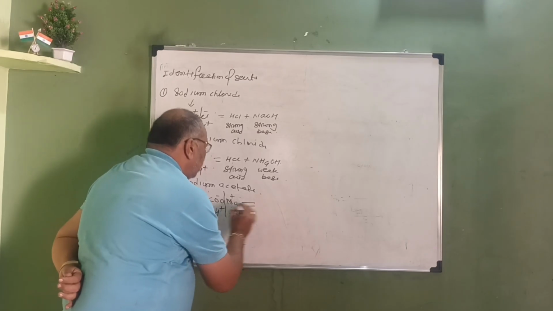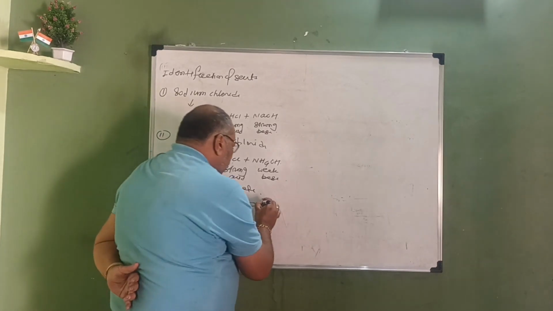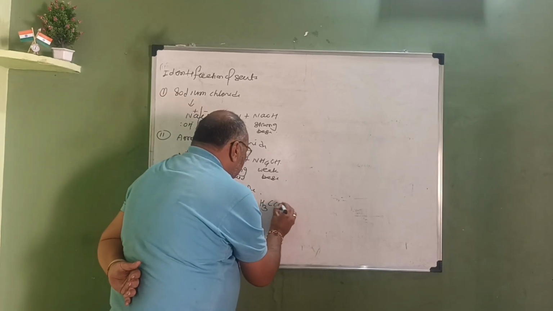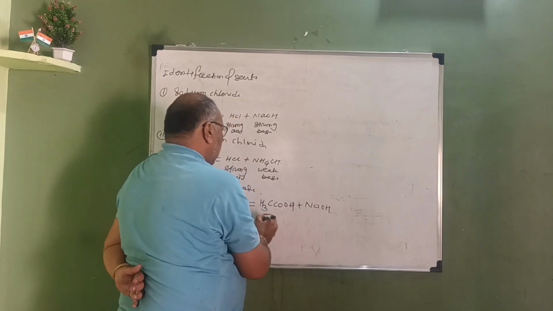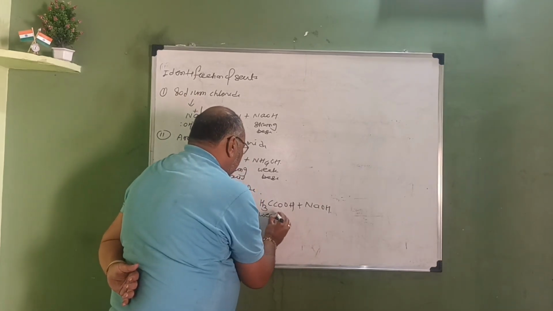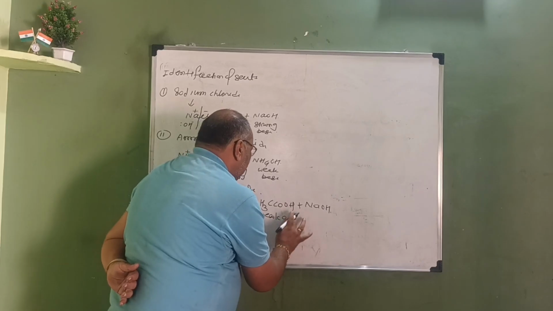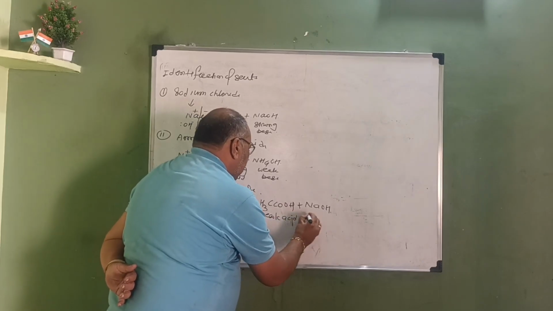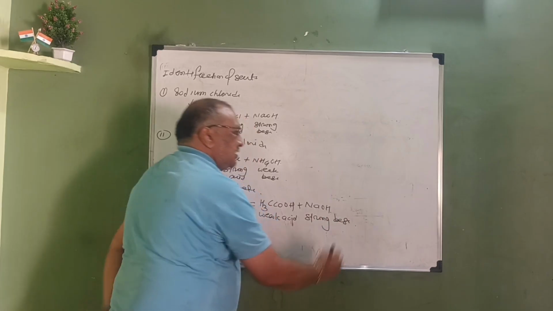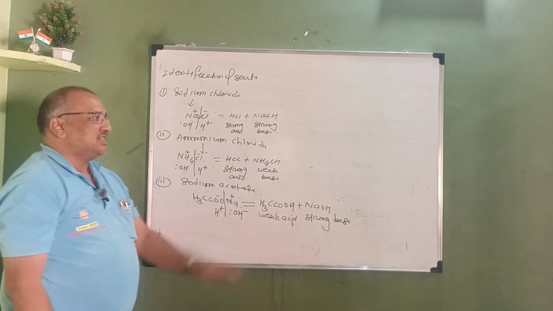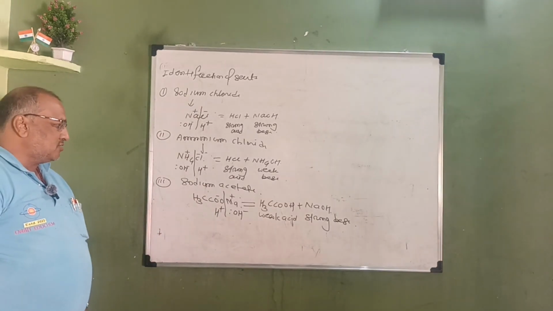That means here write down CH3COOH plus NaOH. That is weak acid, and here strong base. Sodium acetate is a salt of weak acid and strong base.